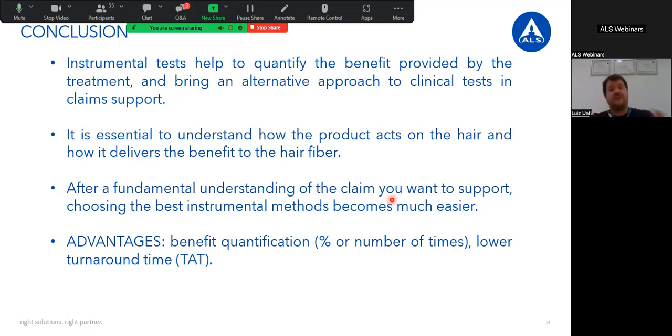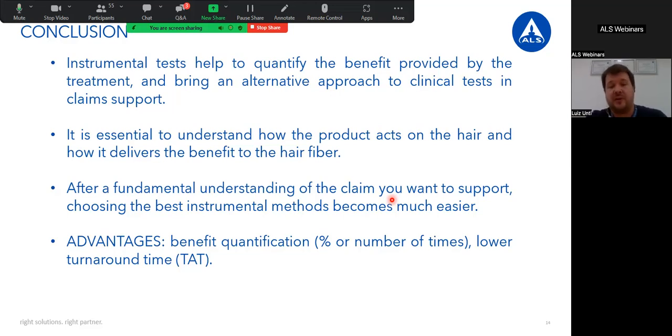And therefore, after understanding all of that, how the claim works or the main idea of the claim, it is way easier to choose instrumental methods to better sustain the claims. So those are the main benefits we can use.